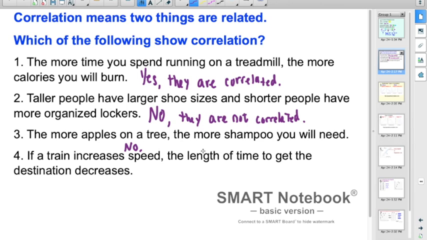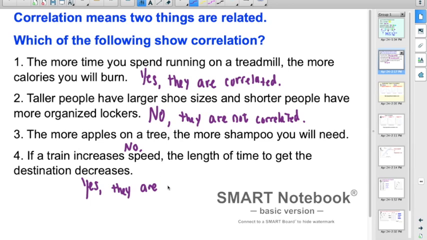And then number four, if a train increases speed, the length of the time to get to the destination decreases. Are those two things correlated? And yes, these are correlated.